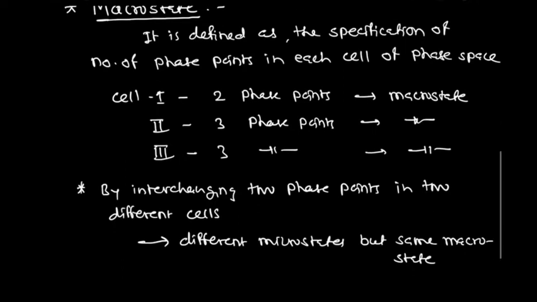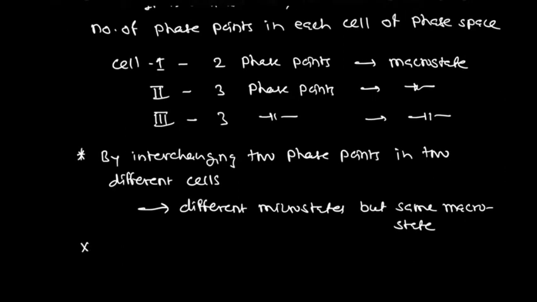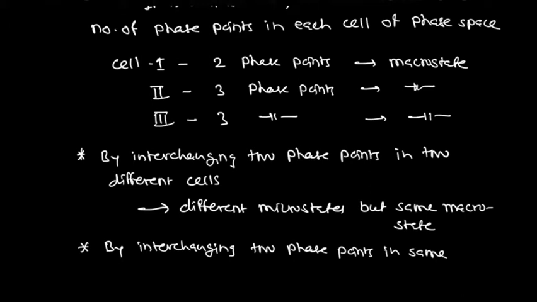Second point we see here, by interchanging two phase points in the same cell, then what happens?